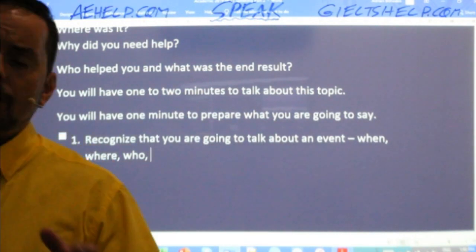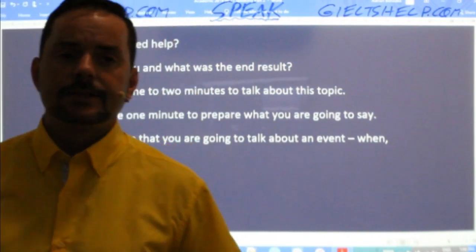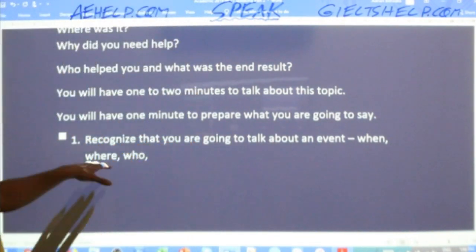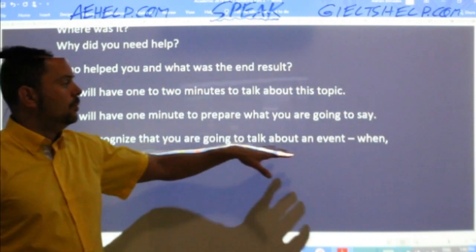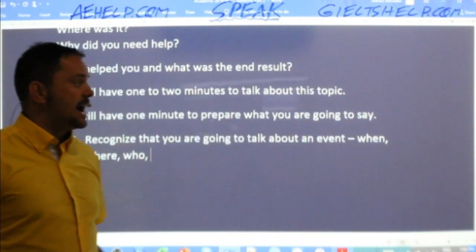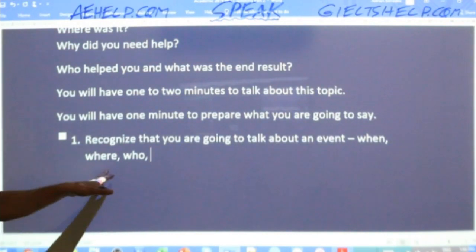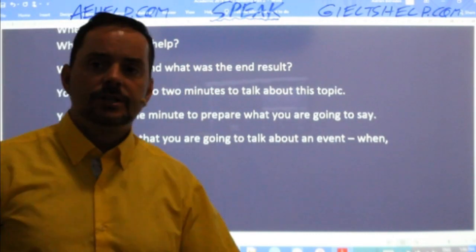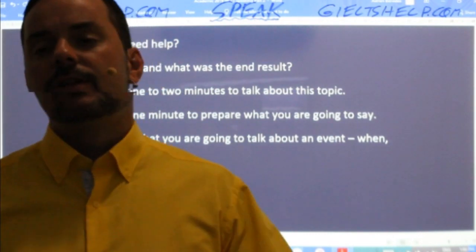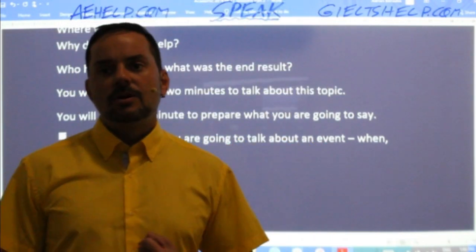Yep, Zainab, you're on to step number 2, determining the topic, and we'll get there in a second. So when we're talking about an event, we want to express when it happened specifically, where it happened, the location, who was there, who it happened to, of course, right? That's very important. We want to give as much visual ability as possible.